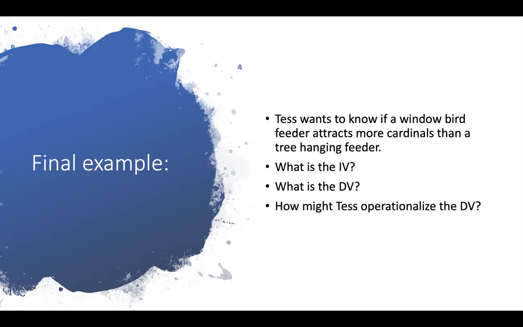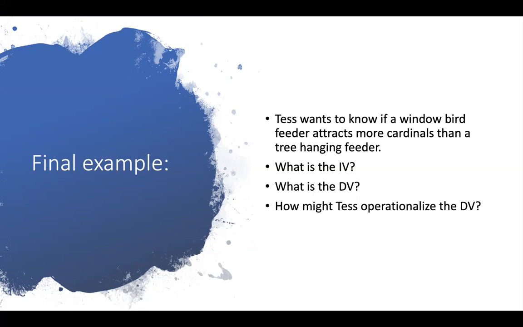So let's say everything is the same: the type of food, the amount of food, when you stock the feeder, the amount of rain that falls on the feeder under the tree versus under the window, the geographical area. All of those things are the variables that you're controlling.